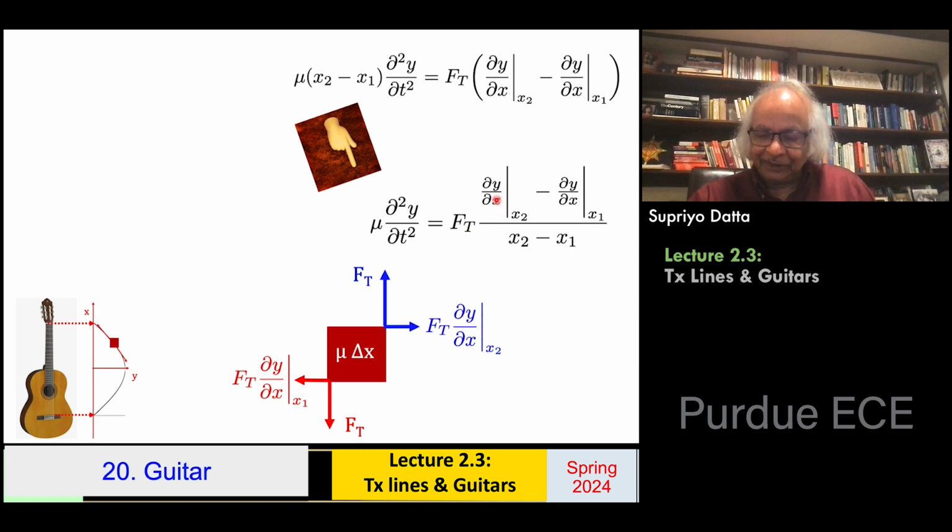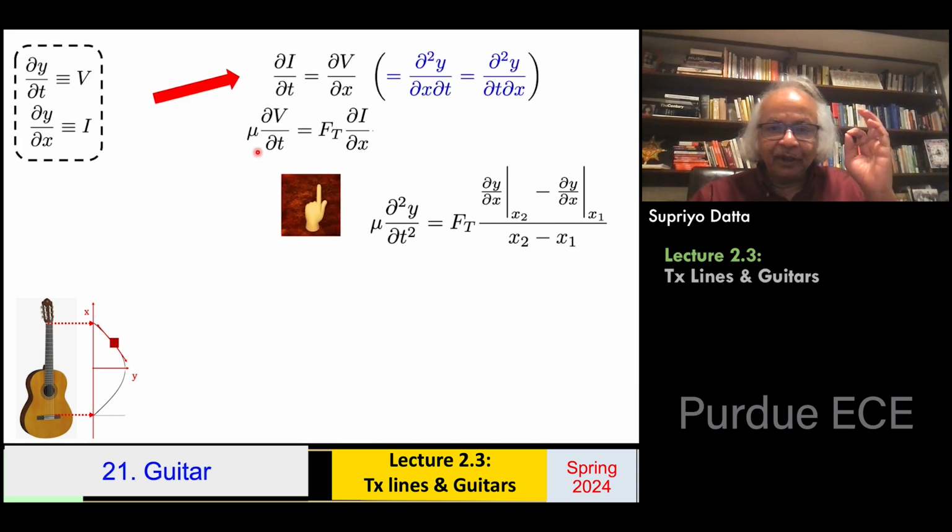It's basically the derivative of dy dx. And so going back to our definitions, if you remember, we defined voltage as dy dt. So d2y dt2 is like dv dt. And we defined I as del y del x. So what's on the right here is like the derivative of the current with respect to x. So that's how you get this second equation.